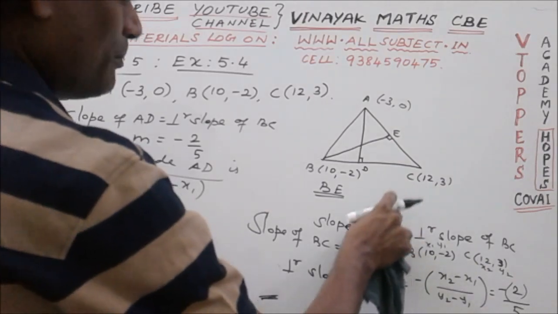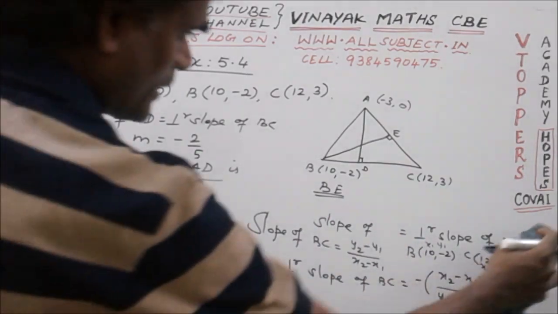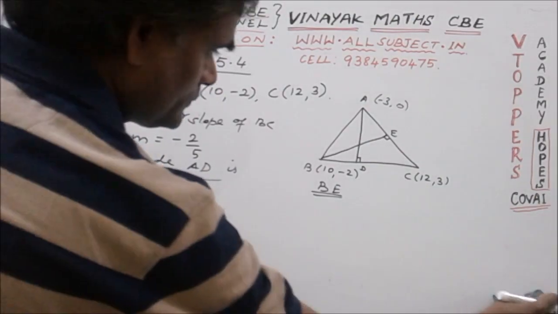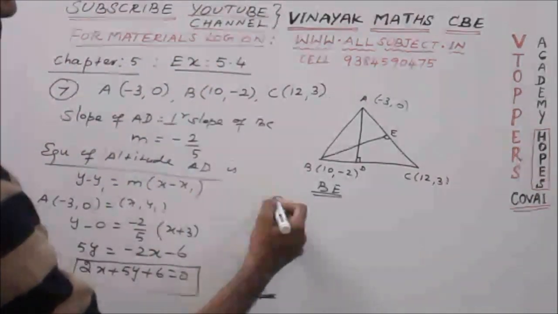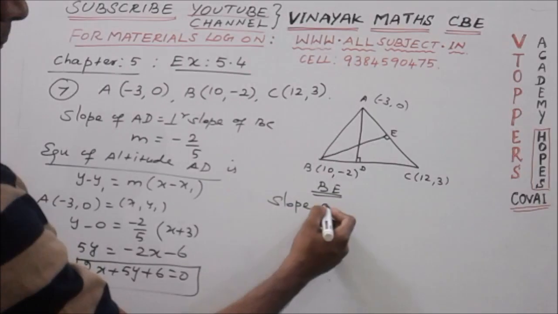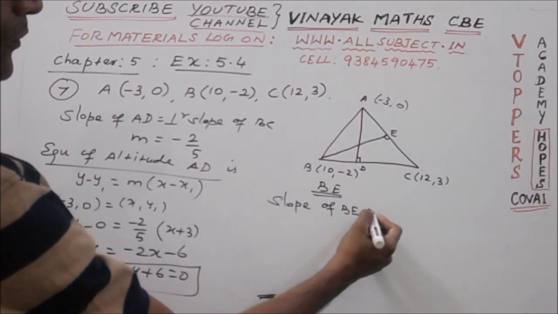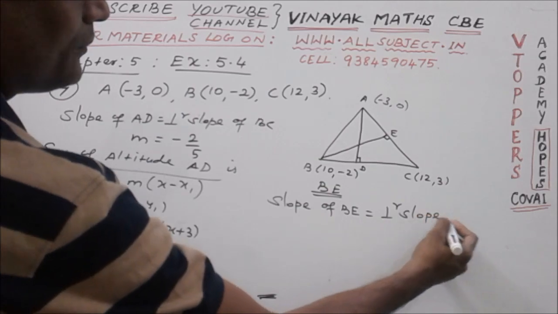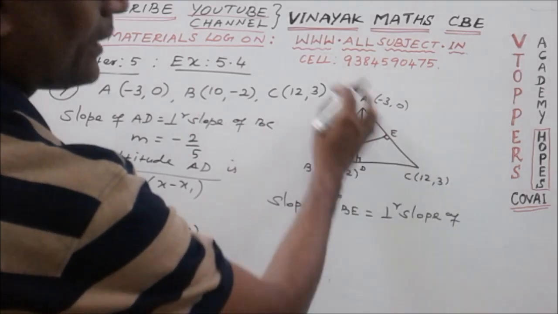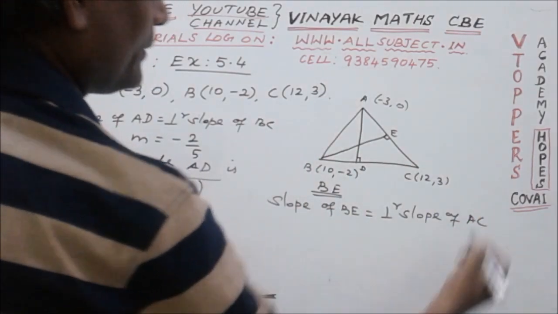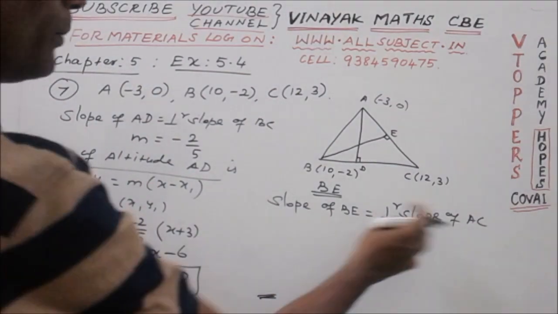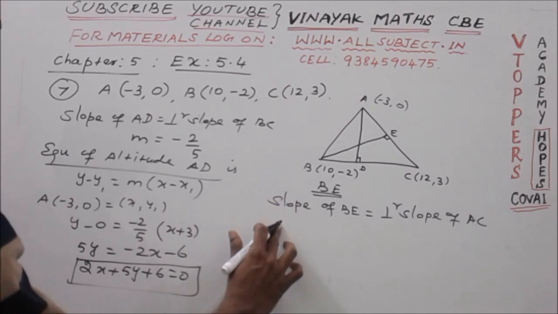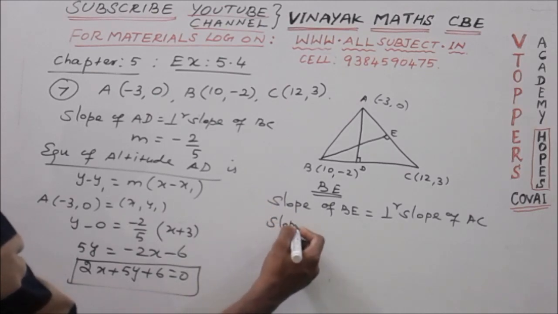So the slope of BE equals the perpendicular slope of AC. Now the slope of AC, then the perpendicular slope of AC.